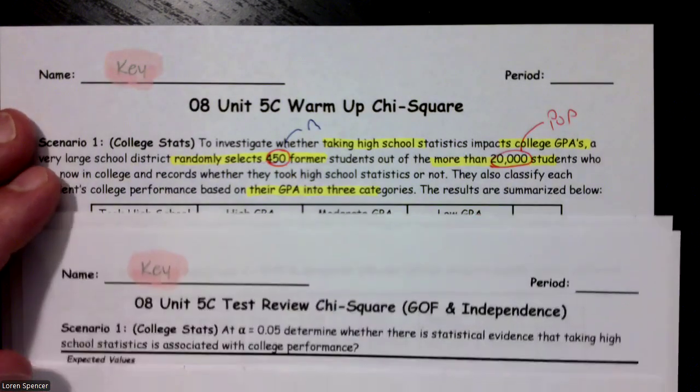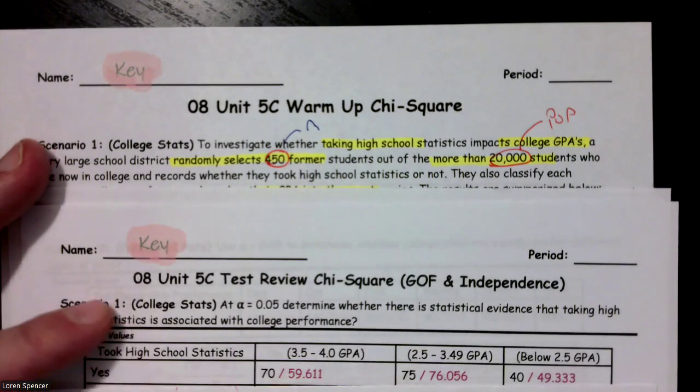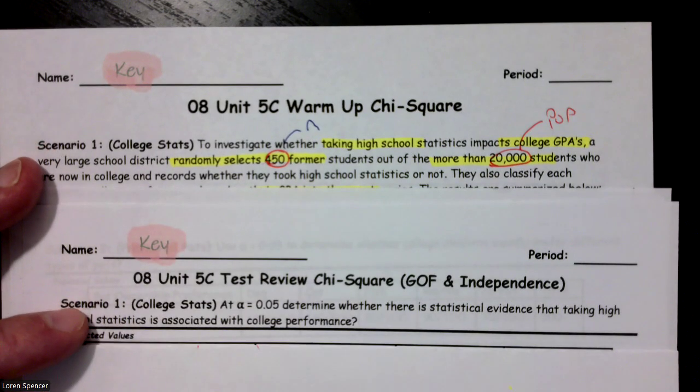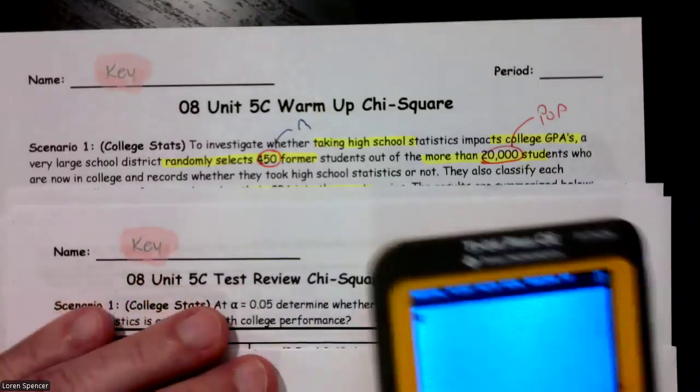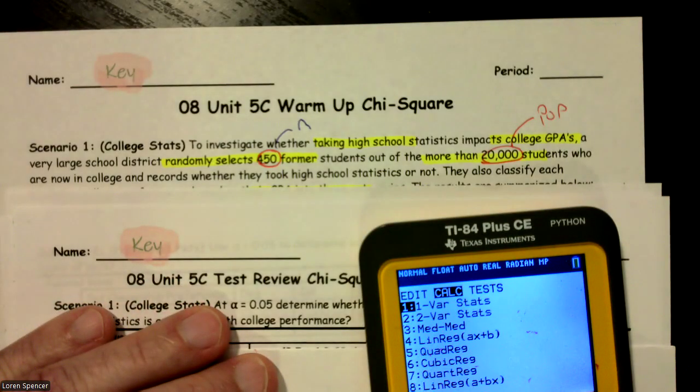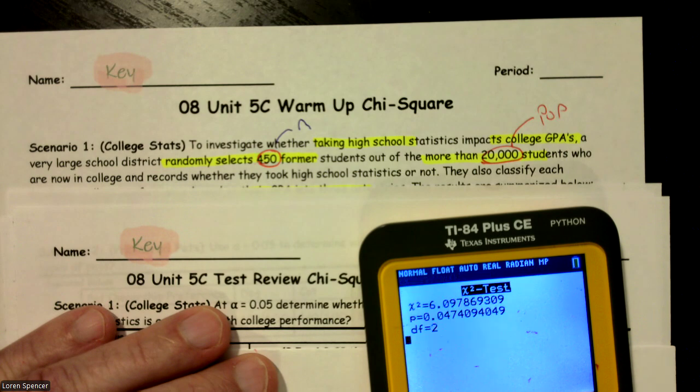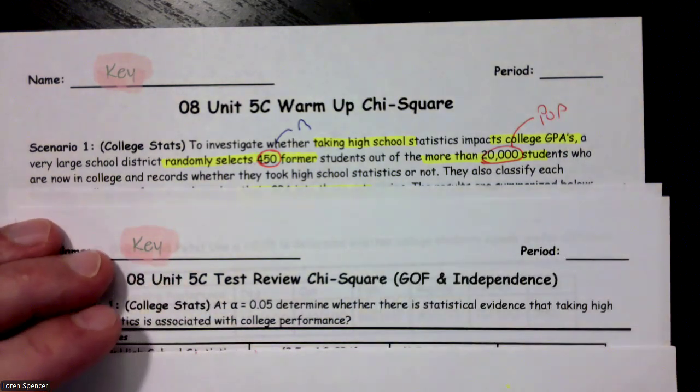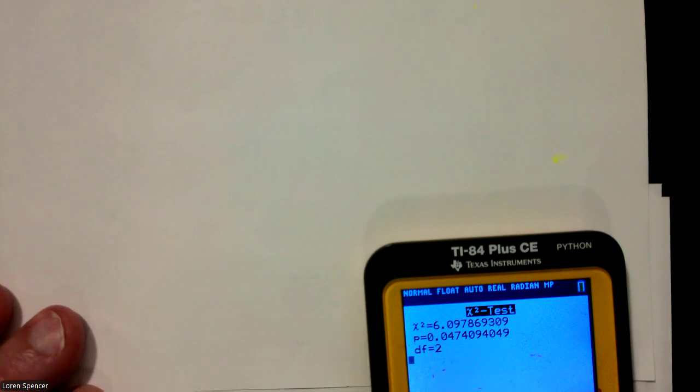Now that we have that information, we can go ahead and run our test and get a whole lot of work done. So stat, test, chi-squared test, calculate. When we do that, we end up getting our chi-squared value and our p-value.